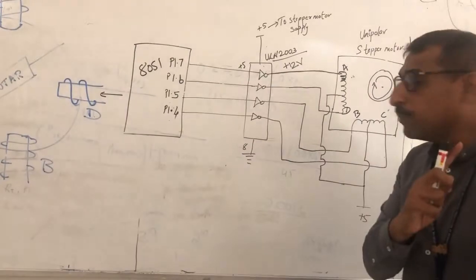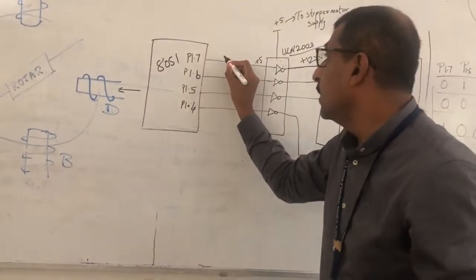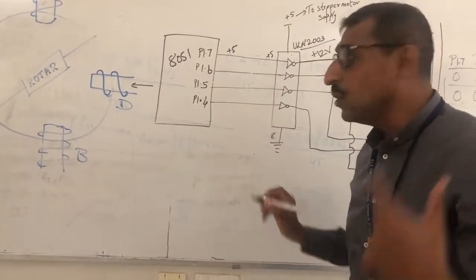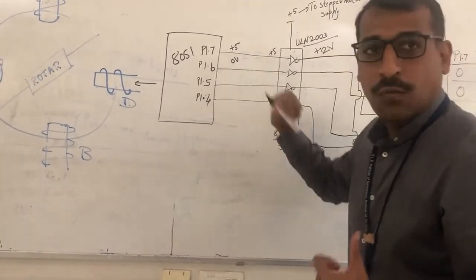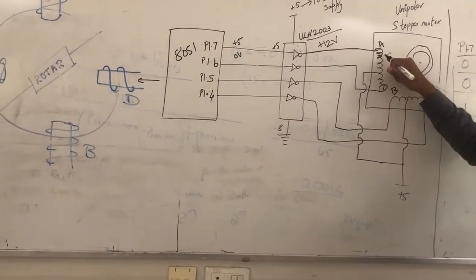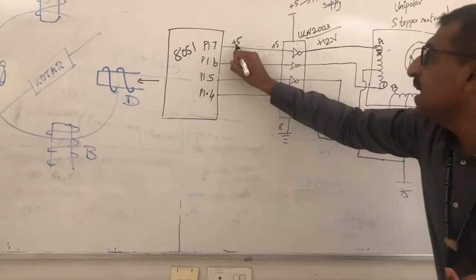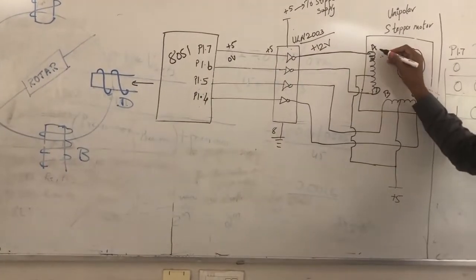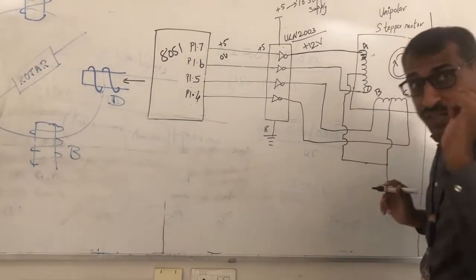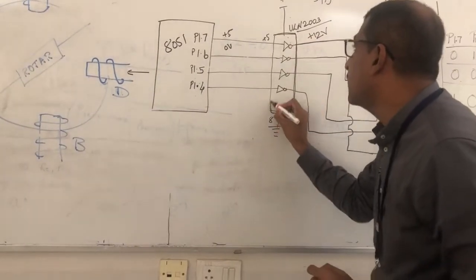But you will have to keep one thing in mind. When you send logic high, it is going to be plus 5 volts, and when you send logic low, it is going to be 0 volts, right? But these stators get energized at plus 12 volts. Therefore, plus 5 volts will not be able to energize the stators, and because of that you have here a driver circuit.